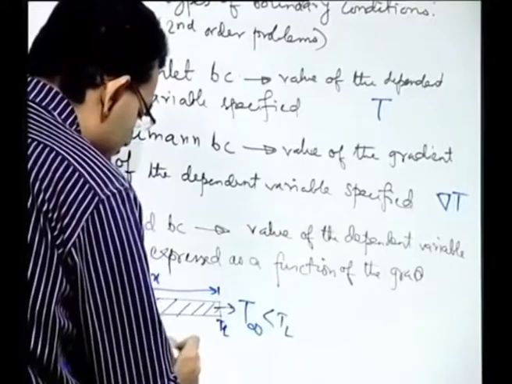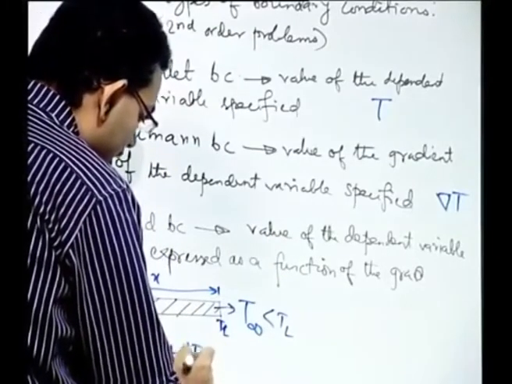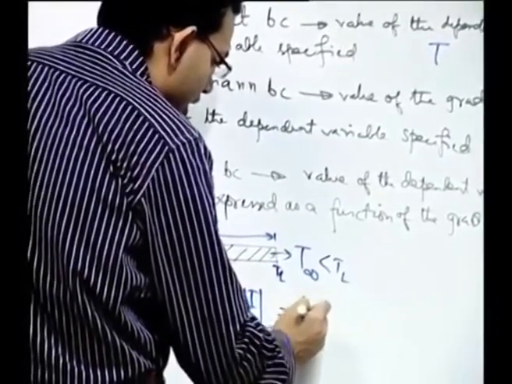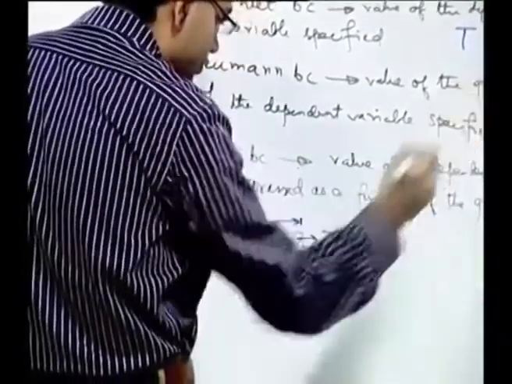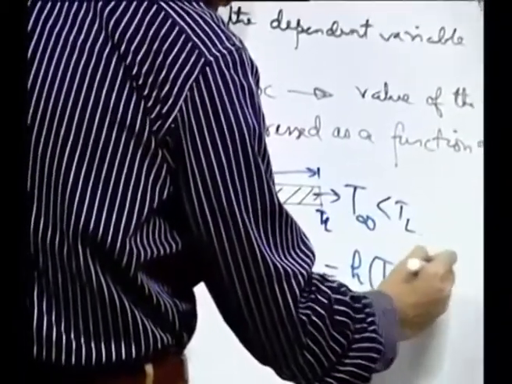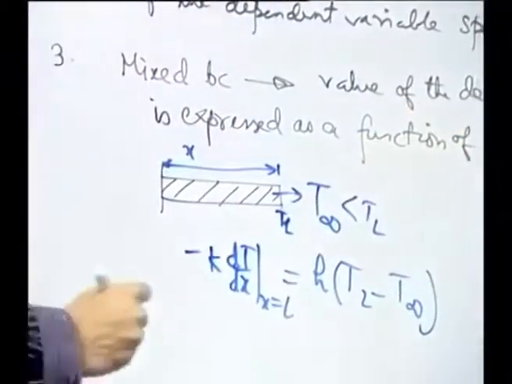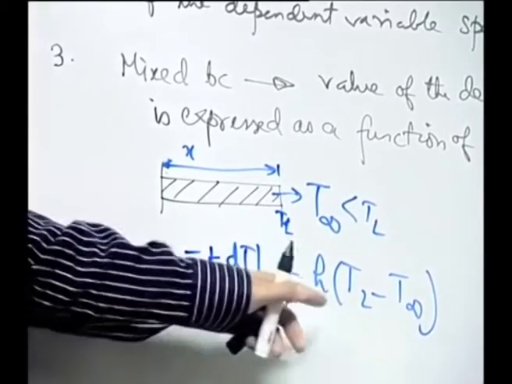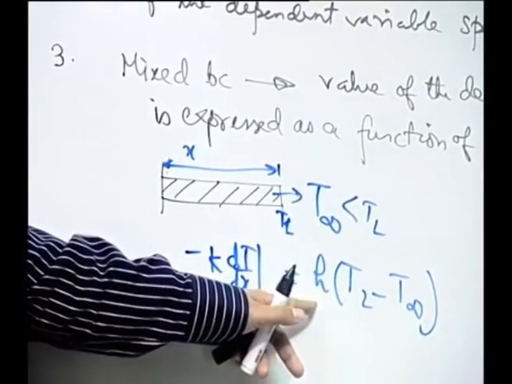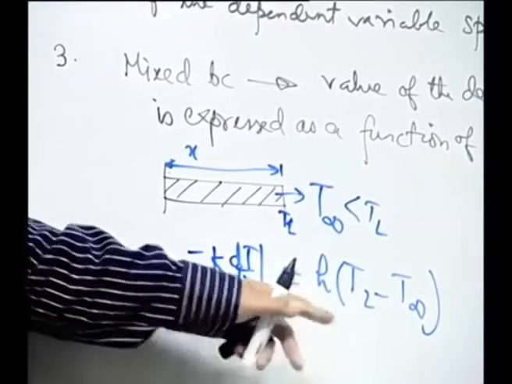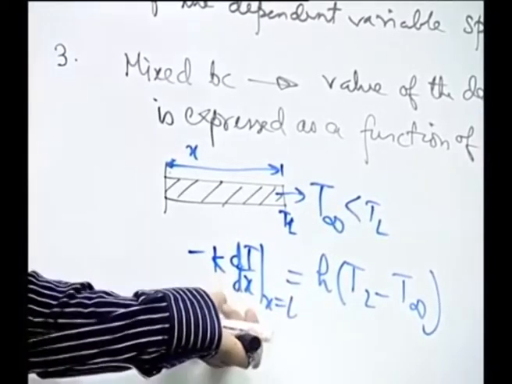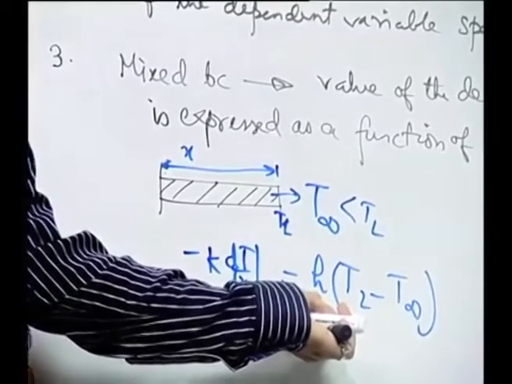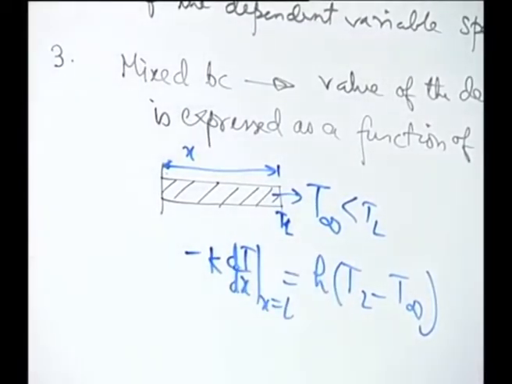So minus k dT/dx at x equal to L is equal to h into (T_L minus T infinity), where h is called the convective heat transfer coefficient. So it is basically the conduction flux equal to convection flux at the interface.